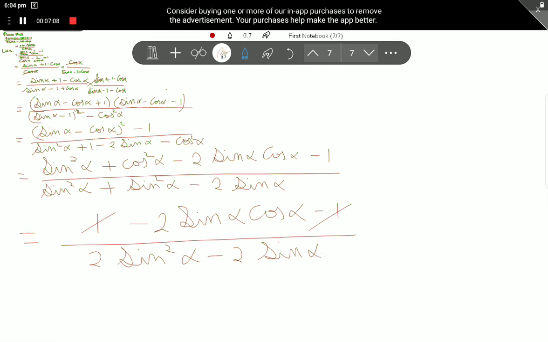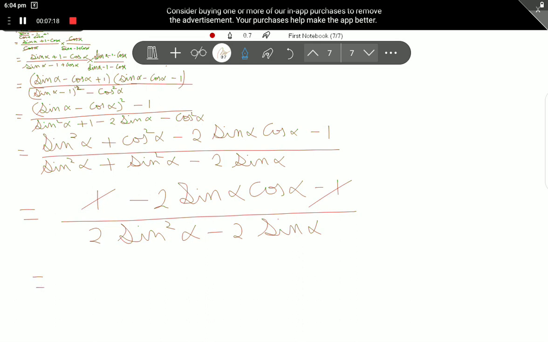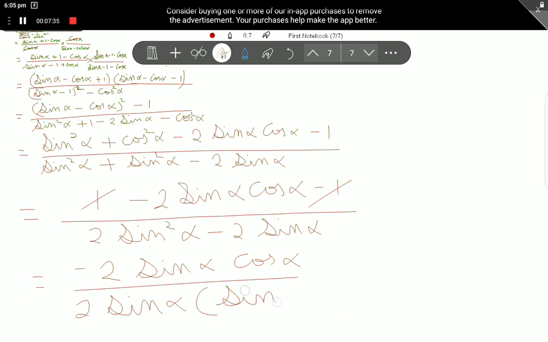Now we have a pretty simple expression both in the numerator and denominator. We'd like to take 2 sin alpha common from the denominator. If we take 2 sin alpha common from the denominator, then we have the numerator as it is, minus 2 sin alpha cos alpha, and in the denominator we are left with sin alpha minus 1.